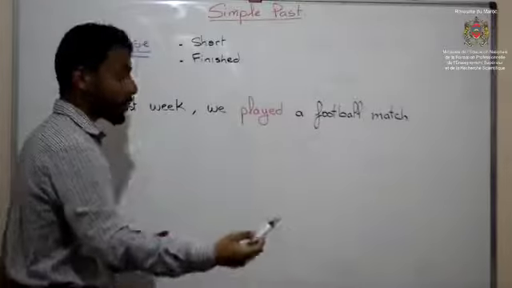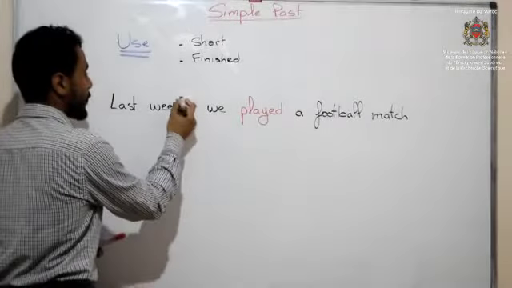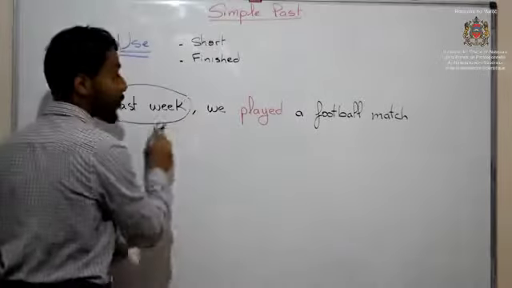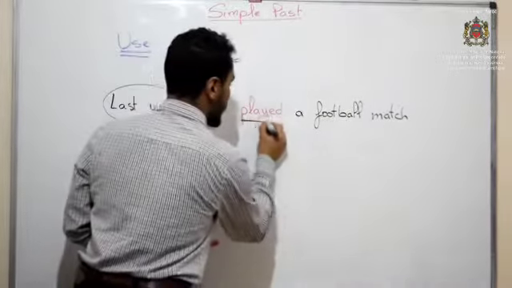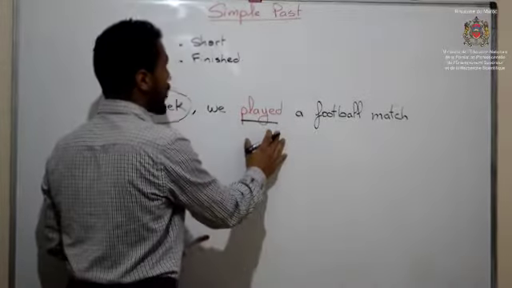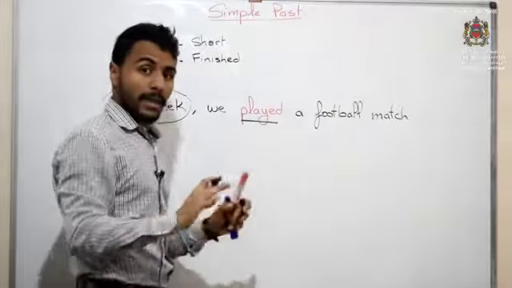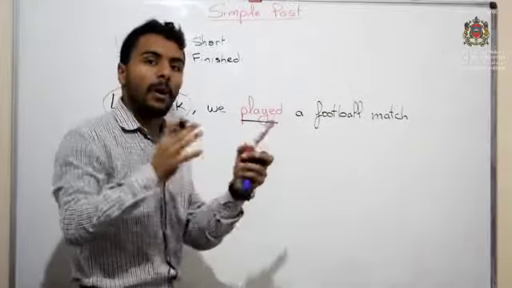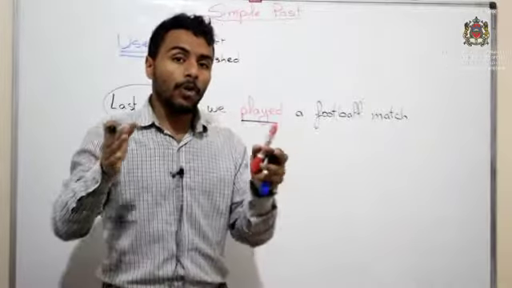Okay, the subject, the doer, is we, and time is last week, so we know it's the past. But which past? It's the past simple, because the action is short and finished. We played football. That's it. We didn't say how long we have been playing football. Don't give information for how long you played football.